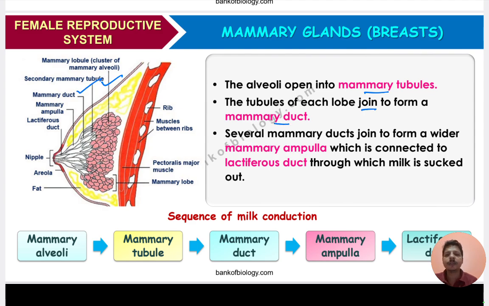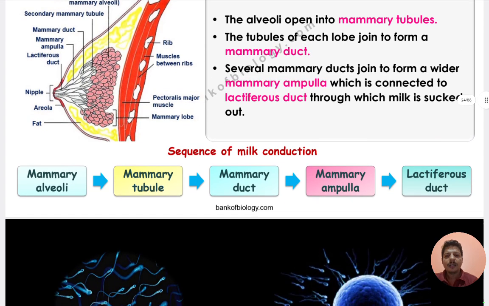Several mammary ducts join to form a wider mammary ampulla, which is connected to the lactiferous duct, through which milk is sucked out. Here is the sequence of milk conduction: mammary alveoli, mammary tubule, mammary duct, mammary ampulla, and lactiferous duct.